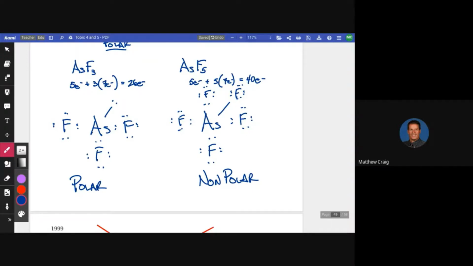There we go. So say this: one has symmetrical geometry. In other words, let's say all external atoms are the same, and there are no lone pairs on the central atom.